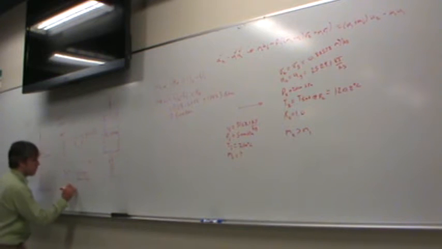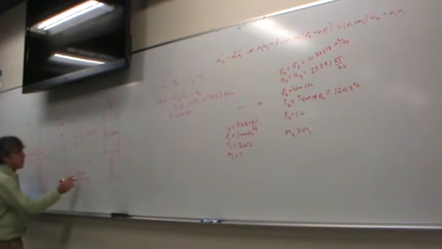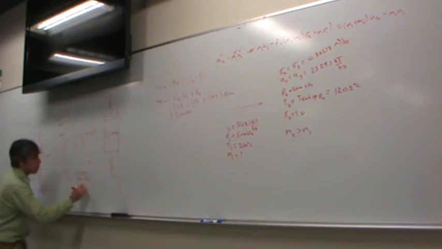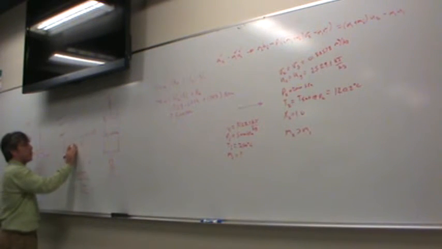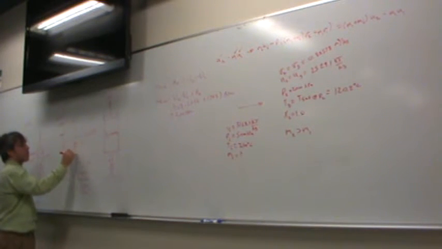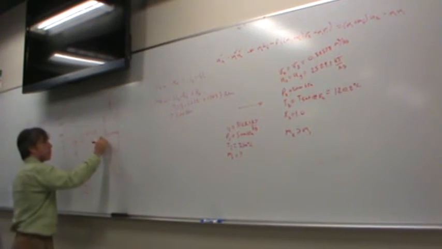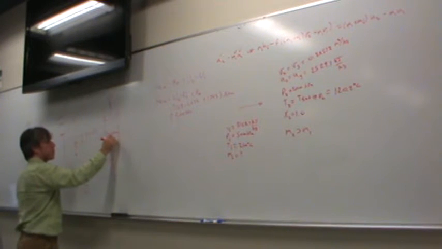So this is 5 multiplied by 1,200 divided by 2,700. So the volume in state 2 is 2.22, and you can see my scale's off a little bit. So V2 is 2.22.